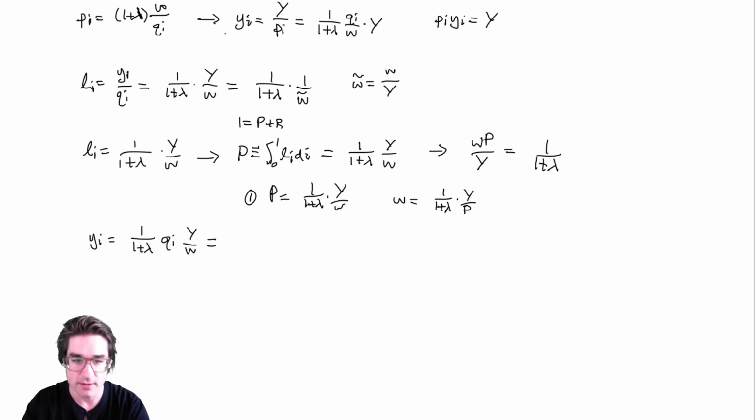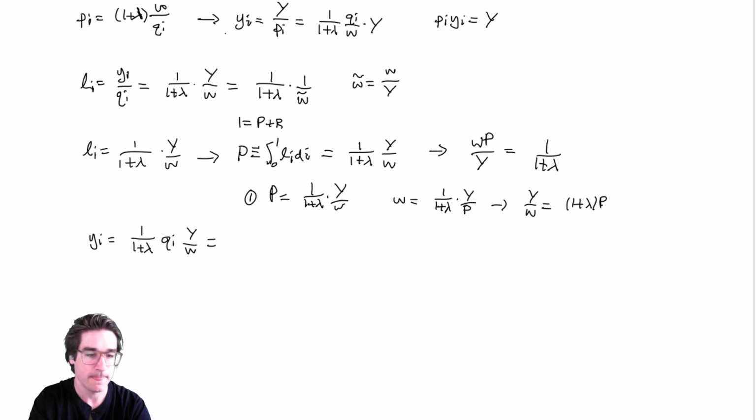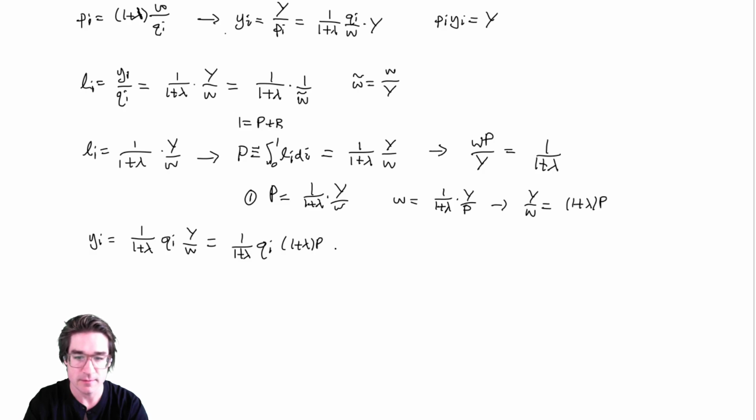We know Y over w from the labor market clearing condition: Y over w is equal to 1 plus lambda times P. We can plug that in here. So 1 over 1 plus lambda times Qi times 1 plus lambda times P. And what do you know, we have a canceling. Those 1 plus lambdas cancel, and we just get Qi times P.